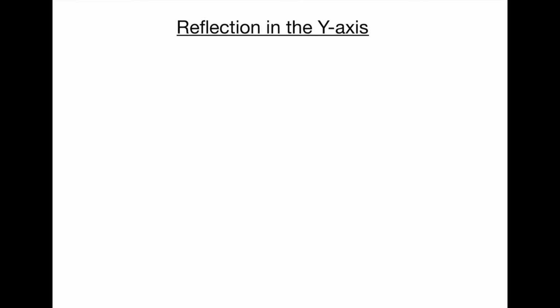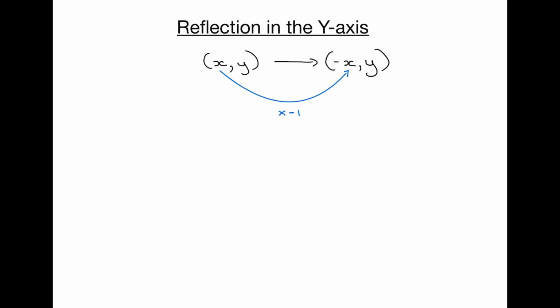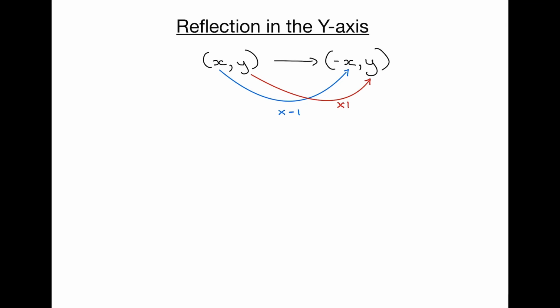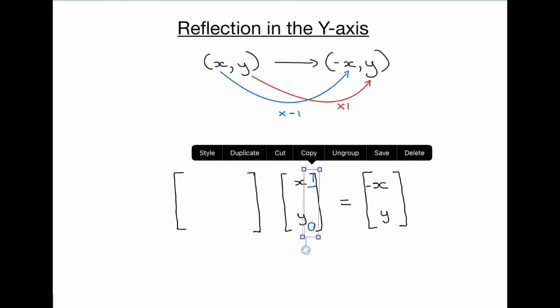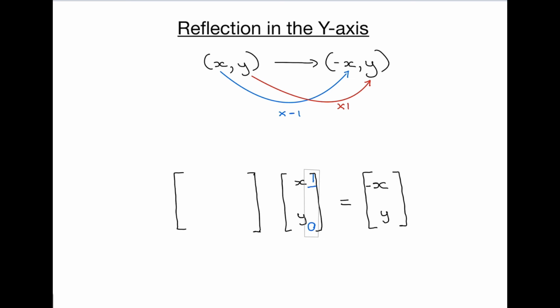When it comes to reflection in the y-axis, the point (x, y) is mapped to (-x, y). This time the x value is multiplied by -1 and the y value stays the same or is multiplied by 1. If we put -1, 0 in the first row of the matrix and we multiply to the second matrix, we get -1 times x plus 0 times y, which does give us -x, the first entry in the image matrix.